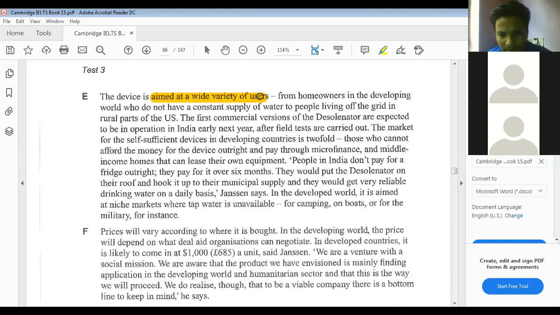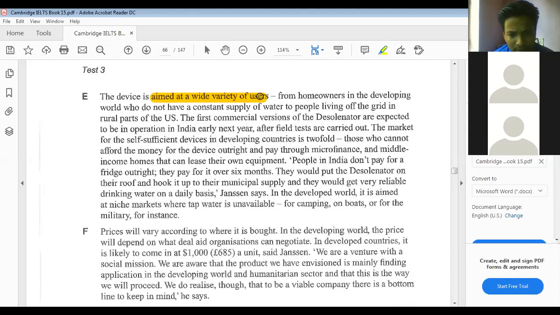After field tests are carried out, the market for the self-sufficient devices in developing countries is twofold. Those who cannot afford the money for the device outright and pay through microfinance, and middle income homes that can lease their own equipment. People in India don't pay for a fridge outright.